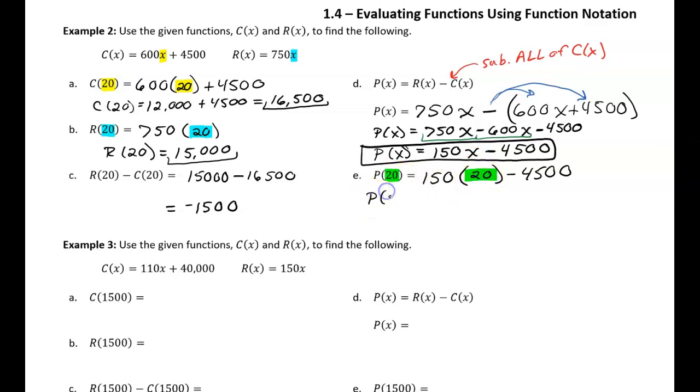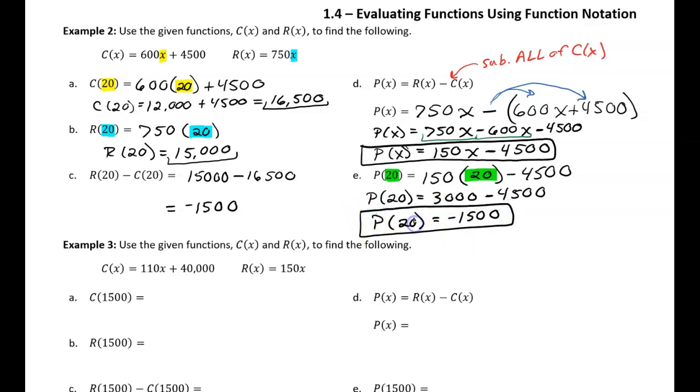So I can have that P of 20 is equal to 150 times 20. Well, that's 3,000 minus the 4,500. And I can combine those, subtract them. 3,000 minus 4,500 gives me negative 1,500.